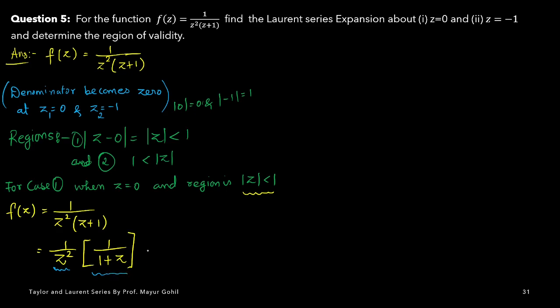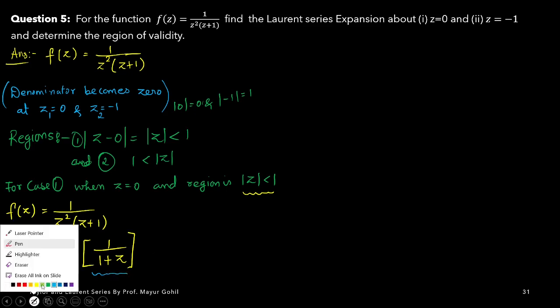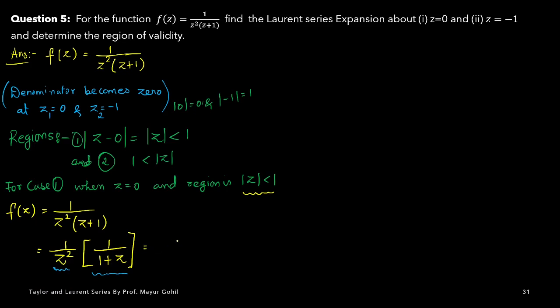So the expansion here is going to be 1 upon z square times 1 minus z plus z square minus z cube plus z raised to 4, minus, and so on, it will go on.